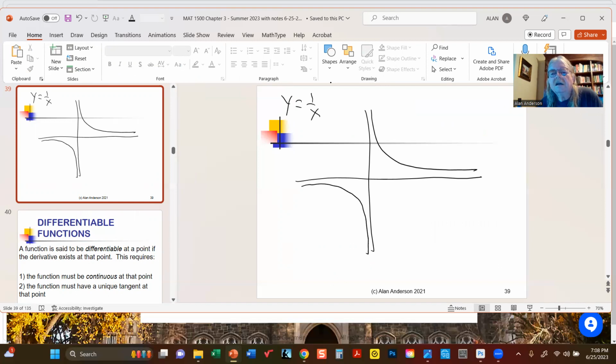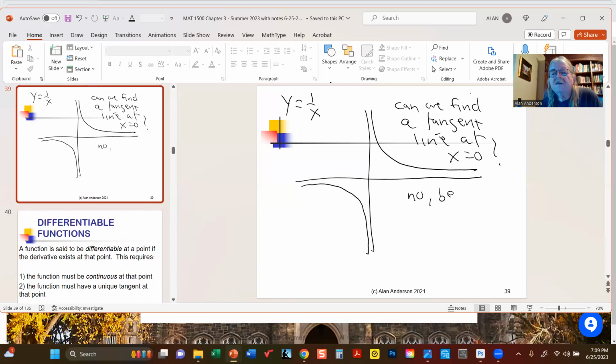Can you find a slope? Or can we find a tangent line at x equals 0? No, because the function is not defined at that point.